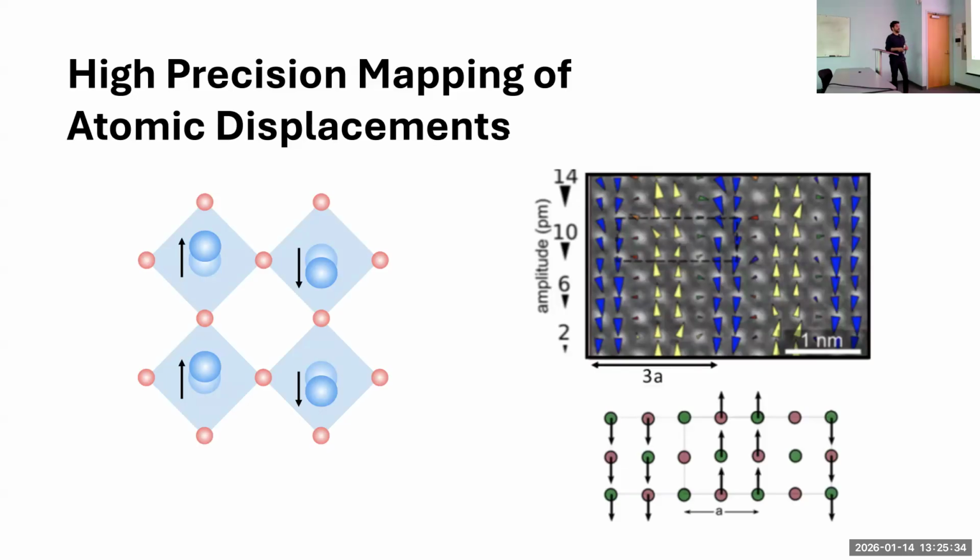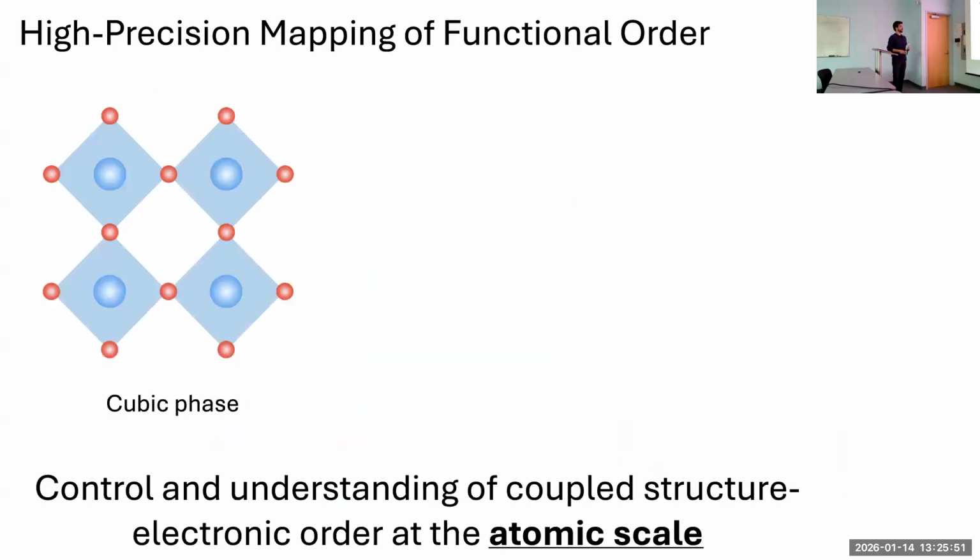This is one example of how we mapped charge order displacements. So these are atomic movements, or atomic displacements, when the material enters a so-called charge ordered phase. And you can see that what I'm showing here are arrows representing the direction and amplitude of the distortions of individual atoms in this material.